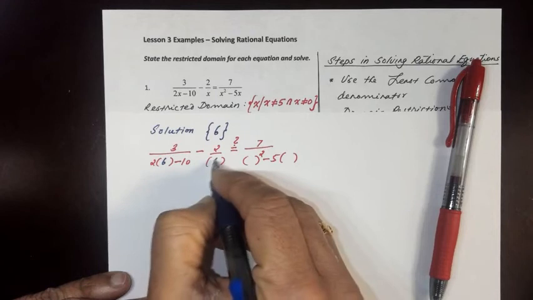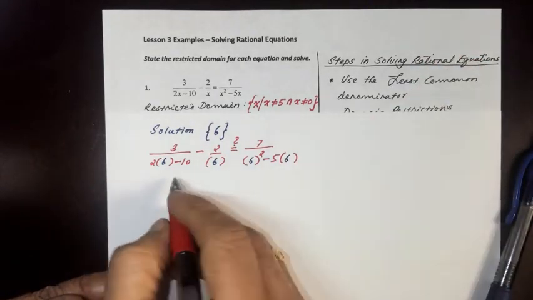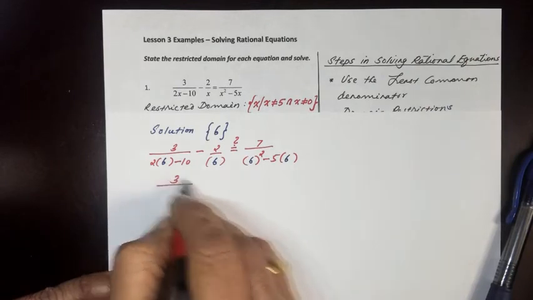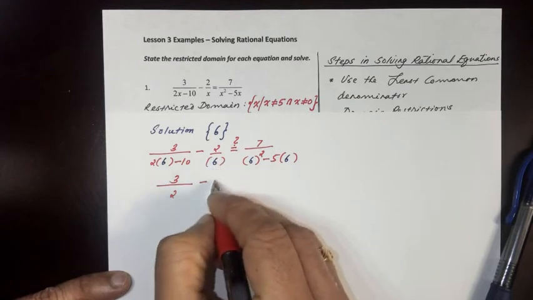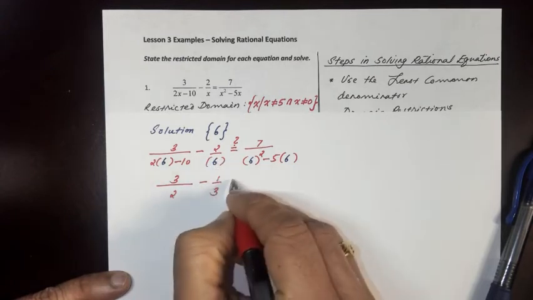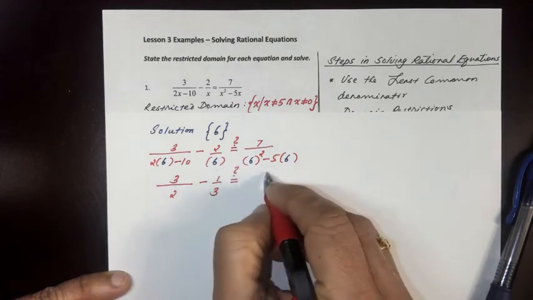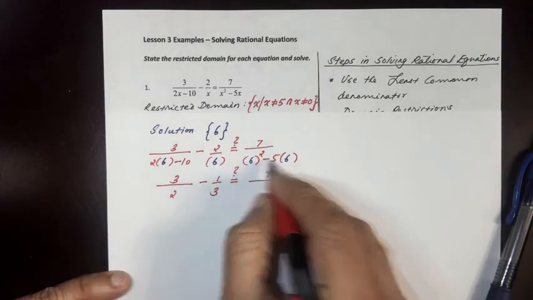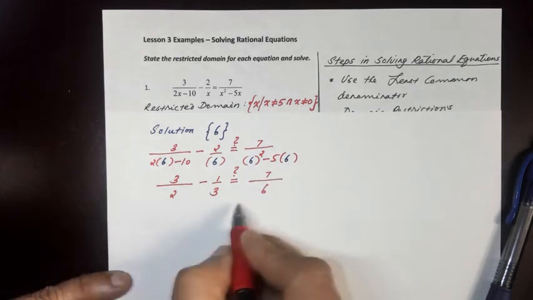So everywhere we replace that by 6. Now we got 3 over 12 minus 10, which is 2, minus 2 over 6, which is actually 1/3. That is supposed to be equal to, we don't know yet, 7 over 36 minus 30, which is 6.